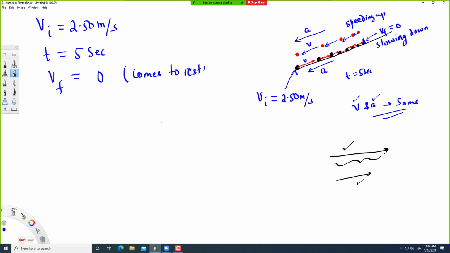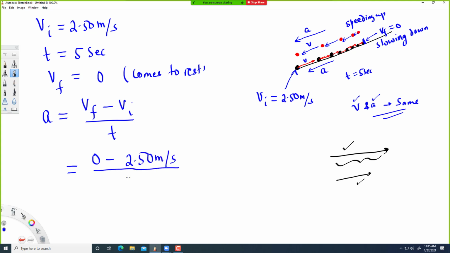It's asking, what is the magnitude of the ball's acceleration as it rolls up? We need to find the acceleration. We have the formula for that: final velocity minus initial velocity over time. Final velocity is 0. Initial velocity is 2.5. Time is 5 seconds.